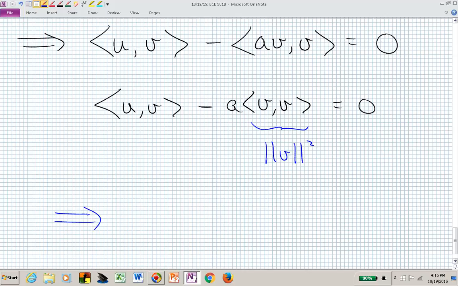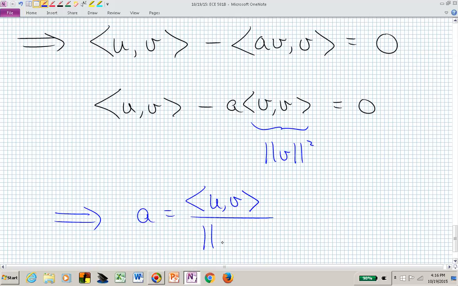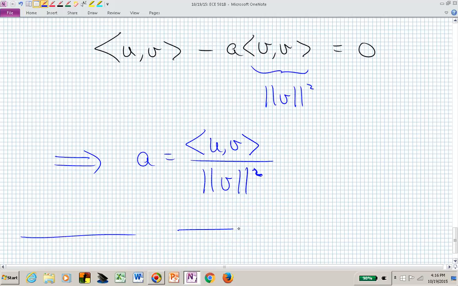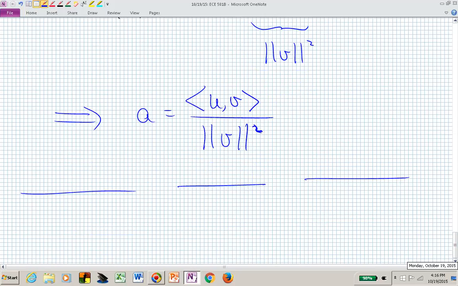We can put those terms on either side of the equal sign and divide by the norm of v squared, and now we can see that a is the inner product of u with v divided by the norm of v squared. And that's now the component or the fraction of v that we want to have in order to build up u as a combination of a fraction of v, and a piece that's orthogonal to v.